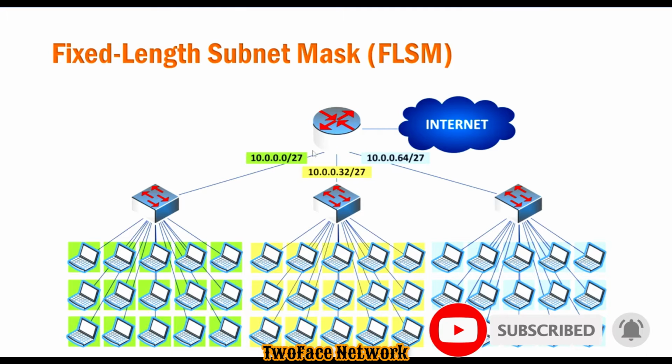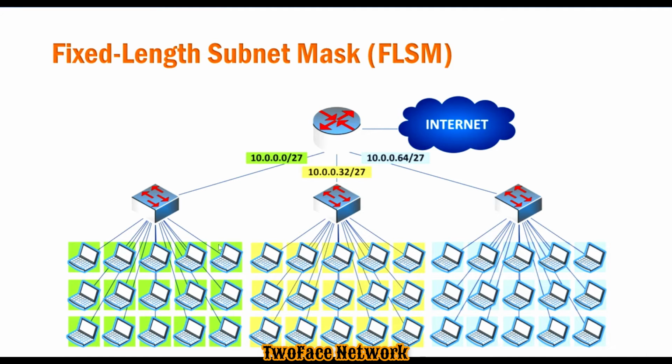Okay, so let's look at the first subnet, 10.0.0.0/27. So we have 15 laptops in this subnet. That means we need 15 different IP addresses to be assigned to our laptops. We need one more address to be assigned to our router interface.